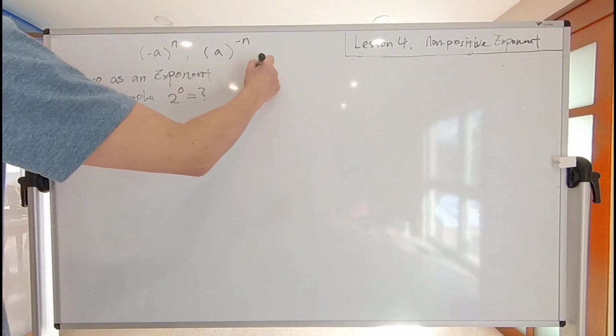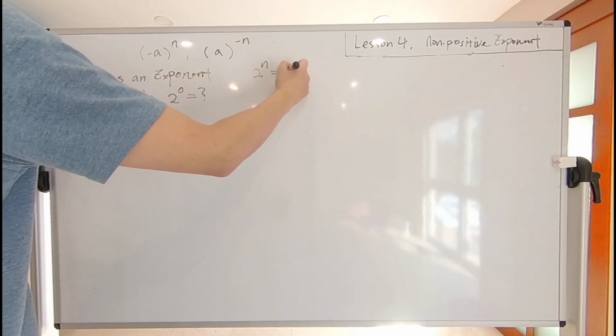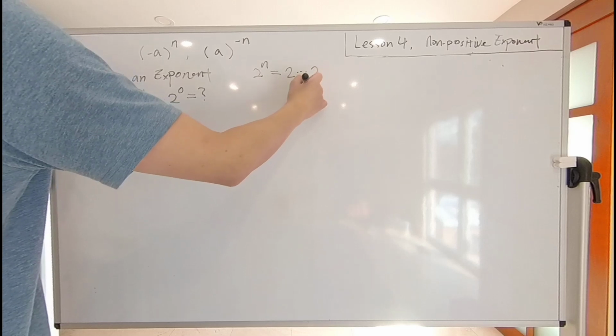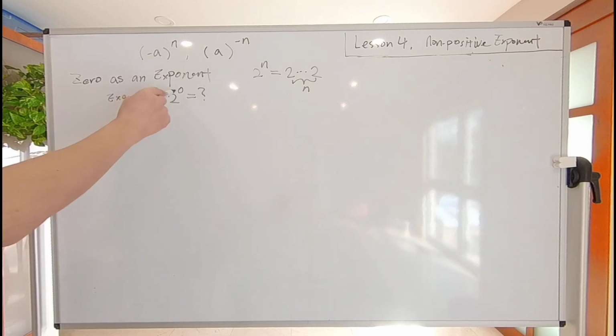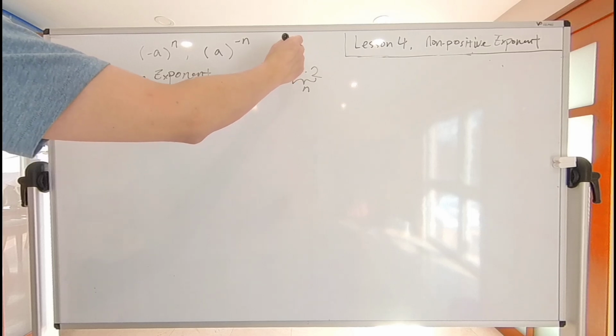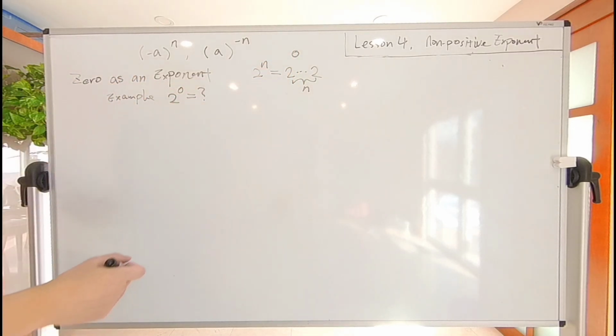Recall that we have the definition of powers, that is equal to n of the number itself multiplied together. But what happens if this n is 0? I cannot just say that there are 0 numbers multiplied together, then this can be any number, right?